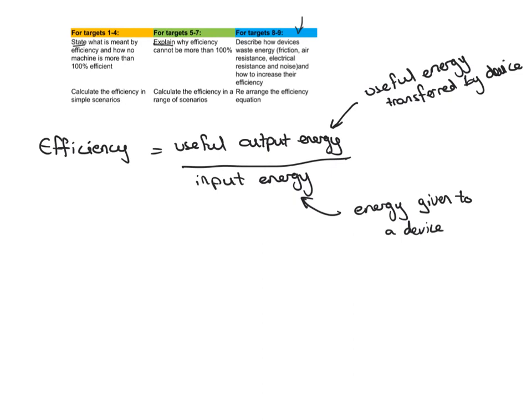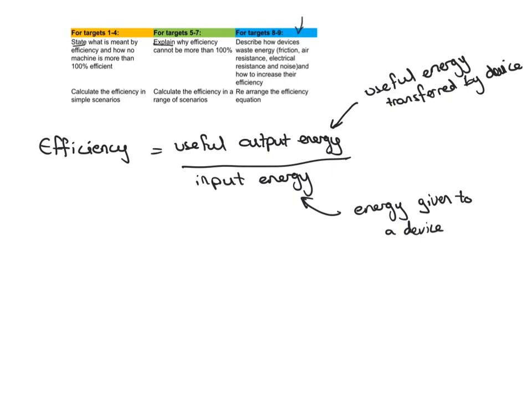Now, efficiency is equal to useful output energy, meaning how much energy, in joules, is transferred by the device as useful, which we've discussed before, divided by the input energy, meaning the total input I'm giving into the machine.